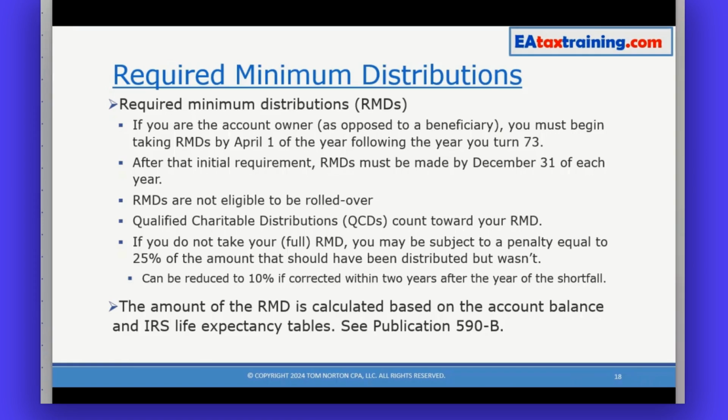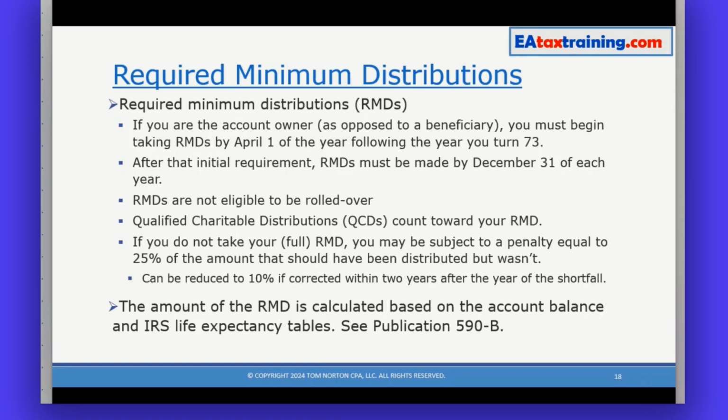So if you turn 73 in 2023, then you would take an RMD by April 1st of 2024, and then you would have to take another RMD by December 31st of 2025, and by December 31st each year thereafter.